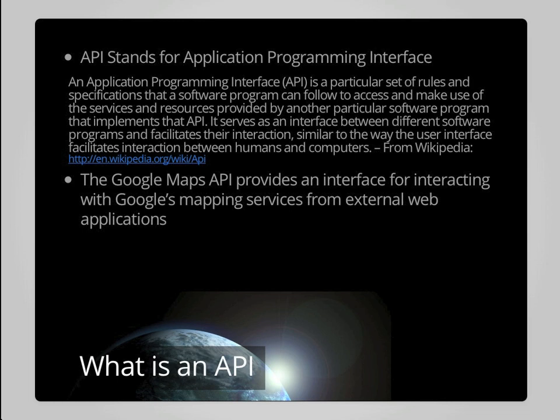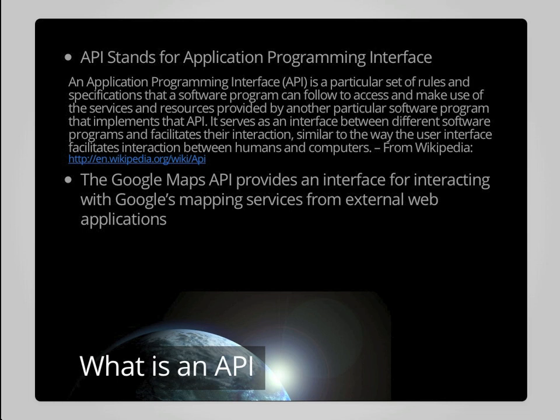So what we're working with here is a Google Maps API that provides the ability to communicate with Google's servers that are providing a set of map services, where that communication uses Google's API, and you write code in your application, in this case a web page, to request information and content from Google servers to display in your application.